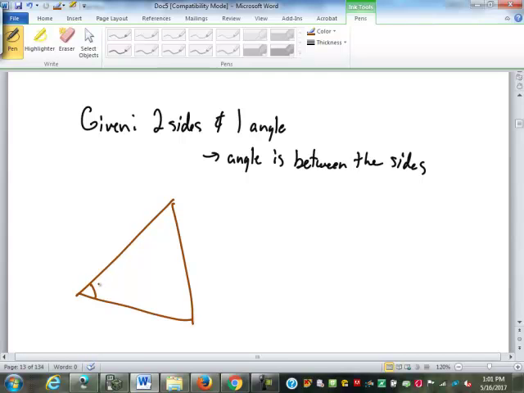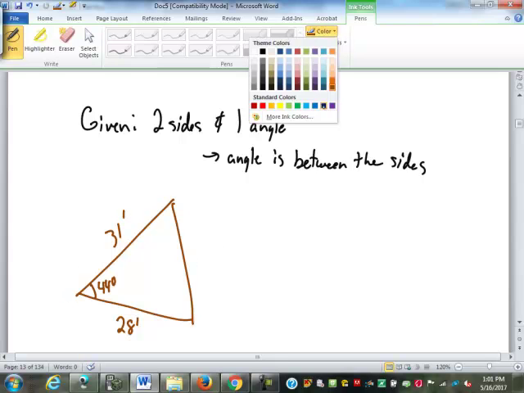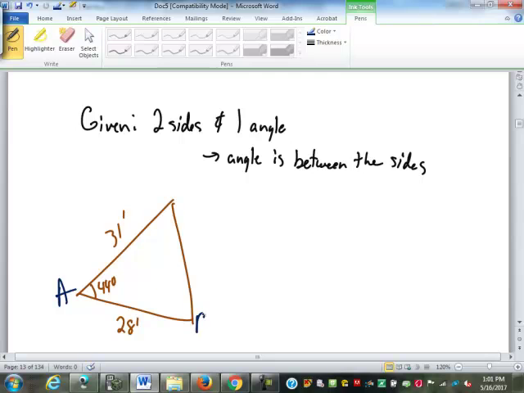So let's say I give you that this here is a 44-degree angle. This here is 28 feet, 31 feet. Actually, I'm going to label it different, just so that I'll call this angle C.